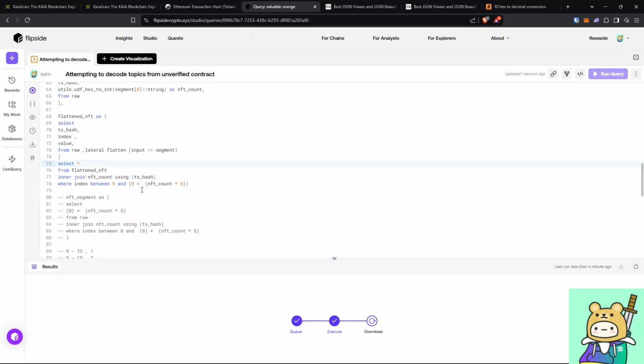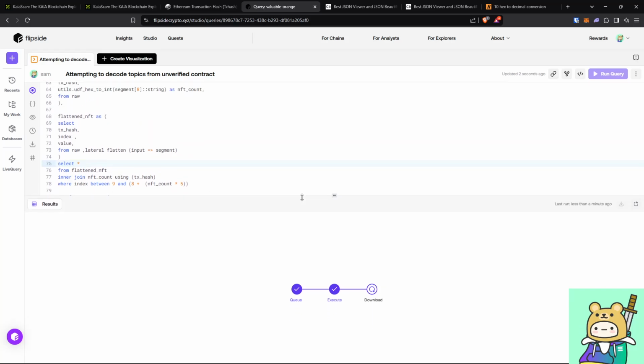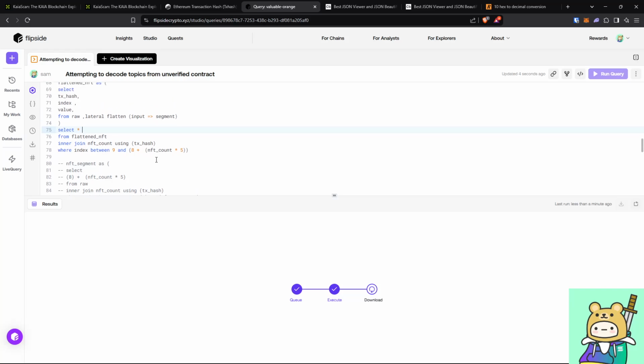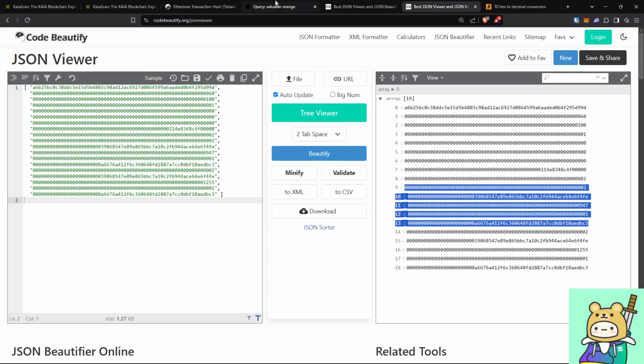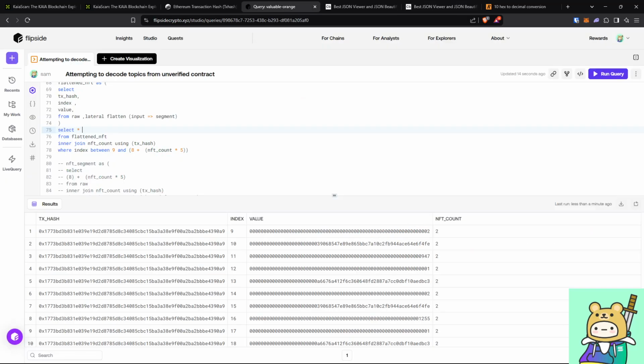Okay, so now for the first transaction I should get 5 rows, and for the second transaction I should get 10 rows because 5. So 15 rows. Okay, that's a good sign. We'll just sort this by ascending order by transaction.